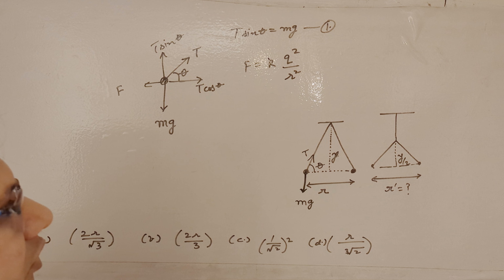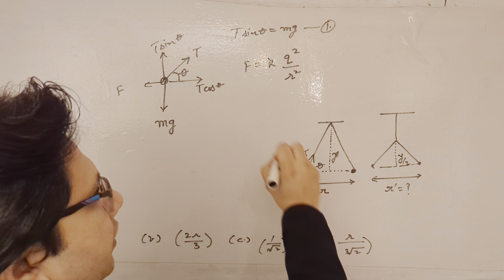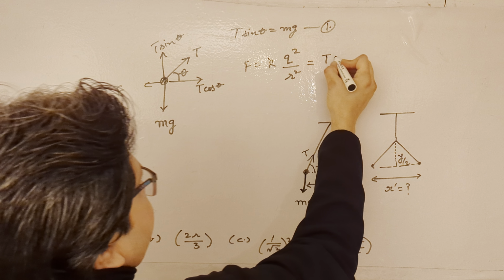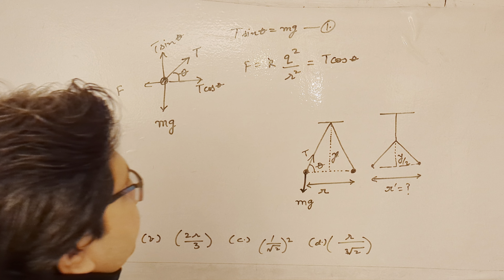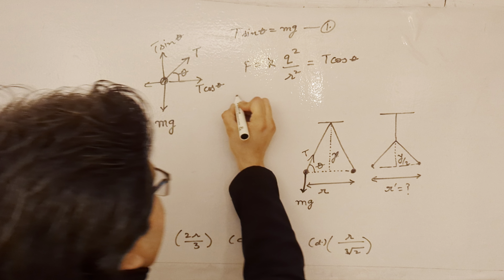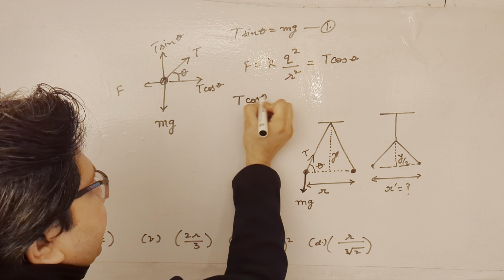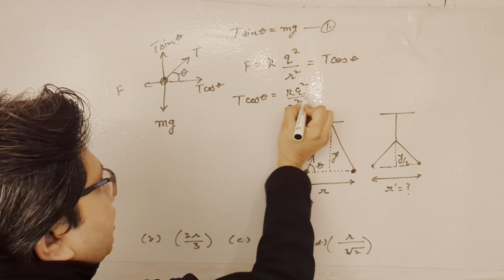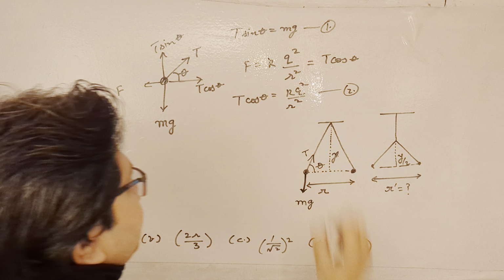This is the force of repulsion between them, and this is balanced by the T cos theta component. So T cos theta equals kq square upon r square. This is our equation number 2.